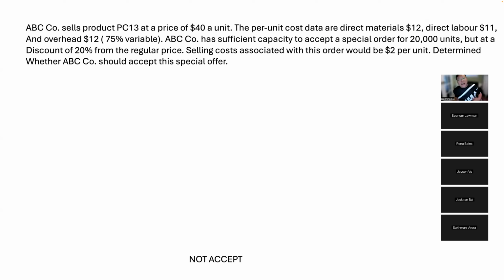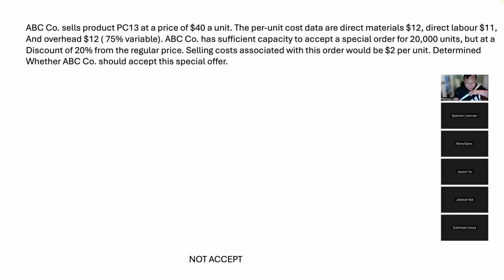ABC Corporation has sufficient capacity to accept a special order for 20,000 units, but at a discount of 20% from the regular price. Selling costs associated with this order would be $2 per unit. Determine whether ABC Corporation should accept this special order.